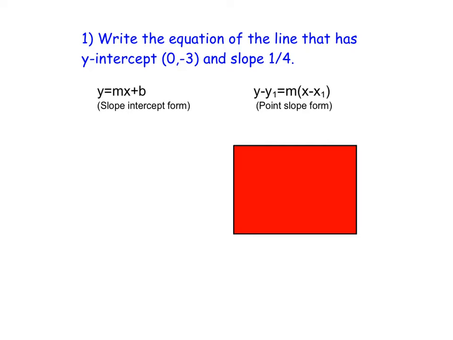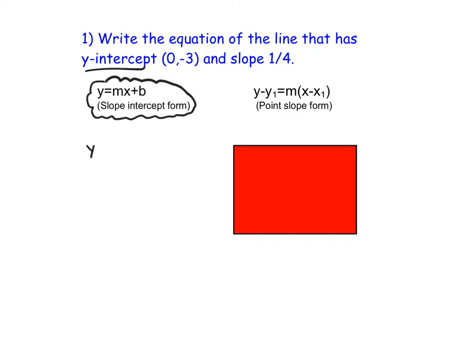All right, this example, again, asks us to write the equation of a line that has a y-intercept of 0, negative 3, and a slope of 1/4. Now, naturally, whenever I see y-intercept, I'm going to typically just go ahead and use slope-intercept form, and that's totally fine, and I would jump right into that.